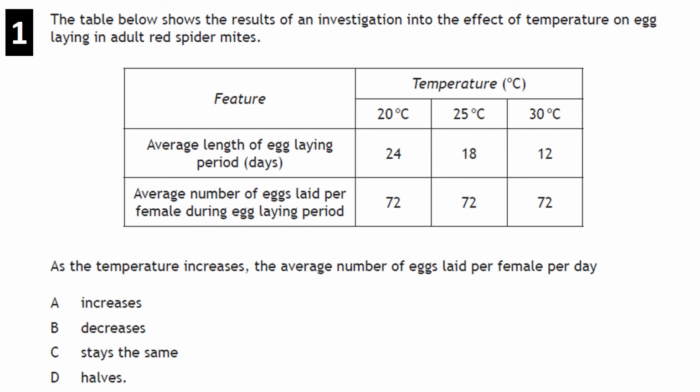So you've got 3 different temperatures, and then the average length of egg laying period in days, and then the average number of eggs laid per female during the egg laying period.